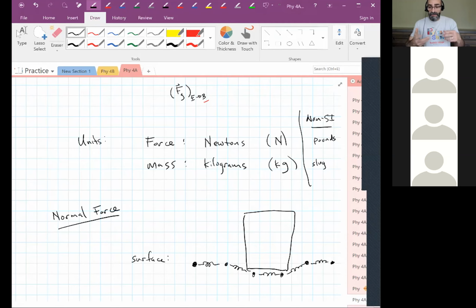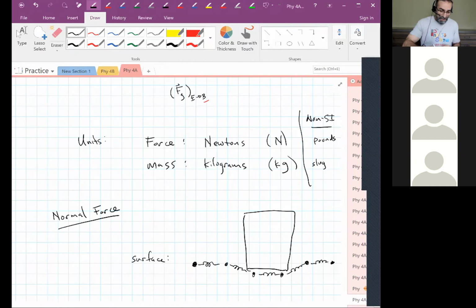As you stretch a spring more and more, the force gets bigger and bigger. The first centimeter, it's easy to pull the spring out. The second centimeter, it's harder. The third centimeter, it's even harder. So that's what's happening here: those chemical bonds are like springs between the atoms, and as you put something on it, the surface deflects a little bit.